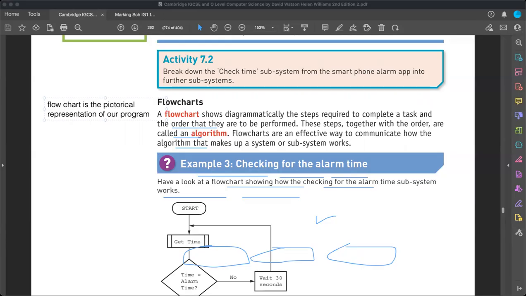And what are algorithms? Algorithms are the steps to represent the solution. Please write down both of these definitions.